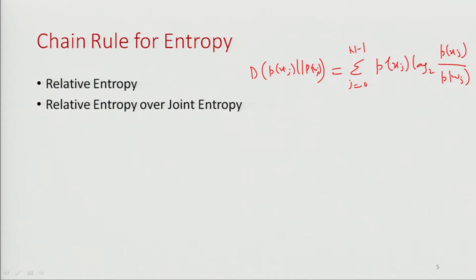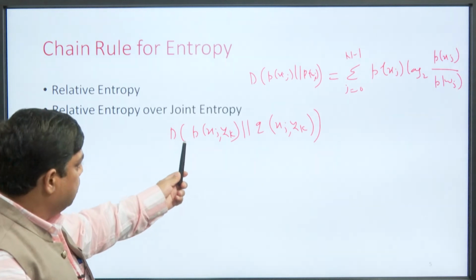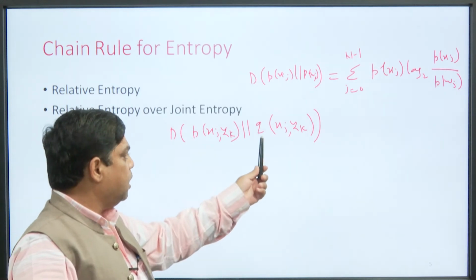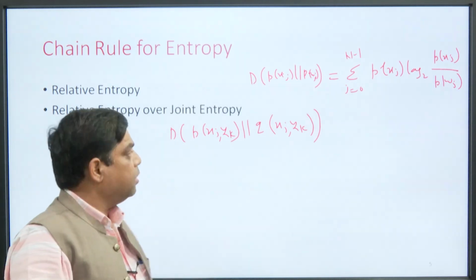Okay. Similarly, for joint probabilities, we can find the equation for the relative entropy, that is the D of p(xj, yk) with respect to q(xj, yk). Okay. Joint probability p(xj, yk) of the two sources x and y, and with respect to another probability distribution q for the joint probability q(xj, yk). Okay.